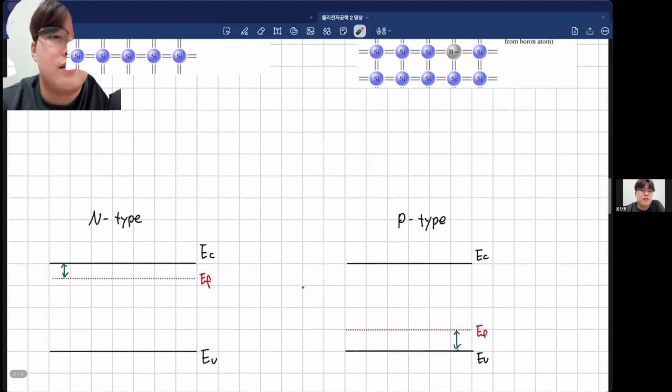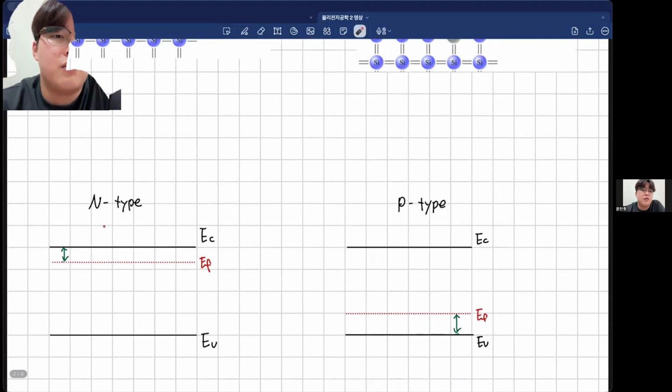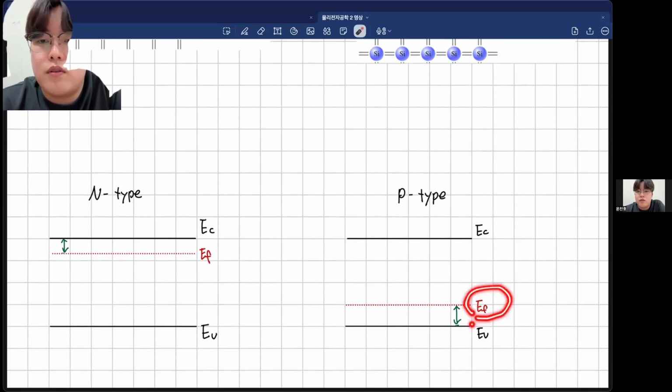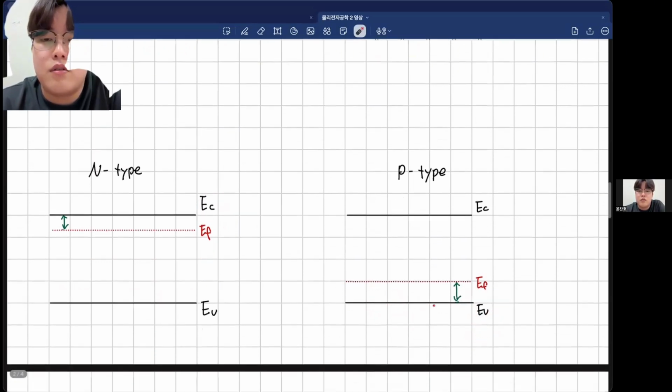And next is the type of the semiconductor. If the Fermi level is closer to the conduction band, we can tell this is an N-type semiconductor. And if the Fermi level is close to the valence band, this is a P-type semiconductor.